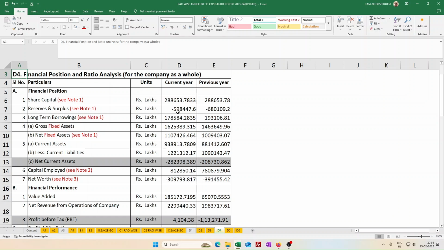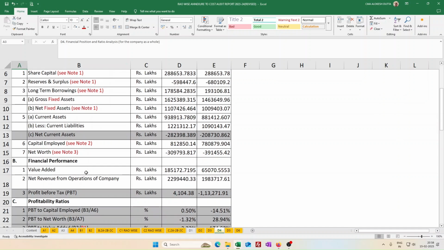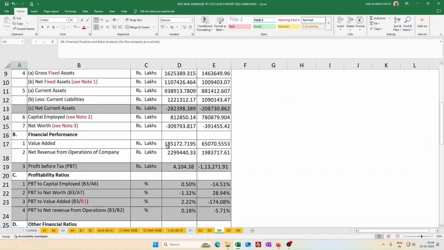These come from share capital. All coming from long-term capital, gross fixed asset, net fixed asset, current asset, less current. If you compare with the profit and loss account and balance sheet, you will find that this is a value addition come from D3. Net revenue from operation come from A4.